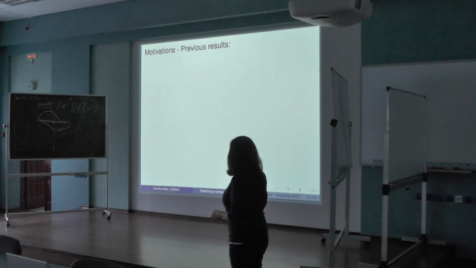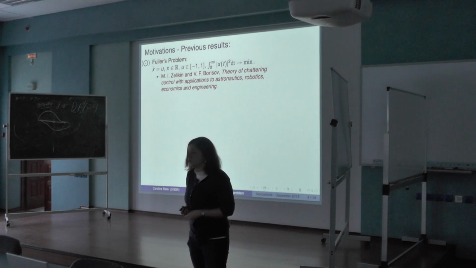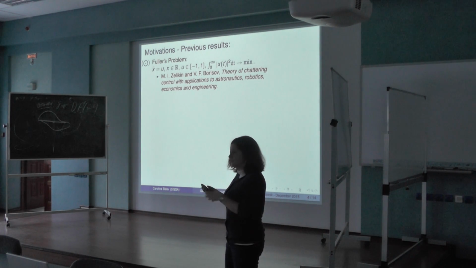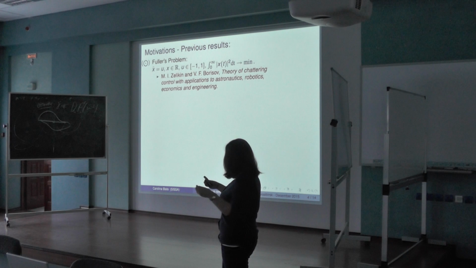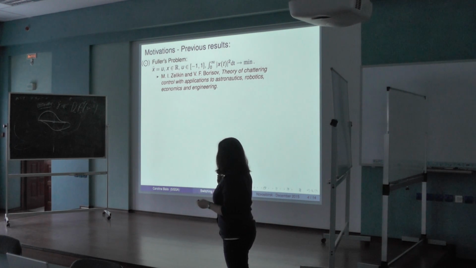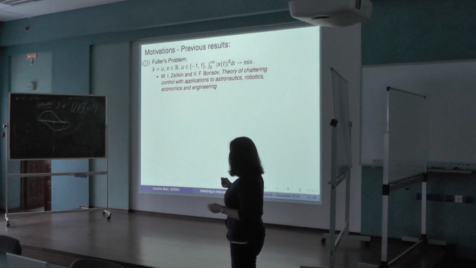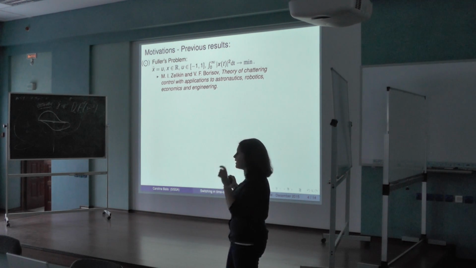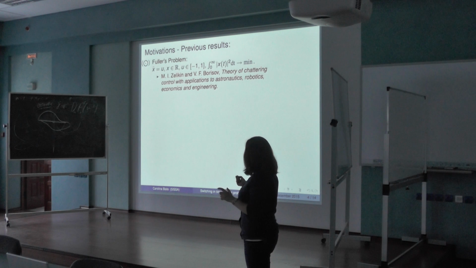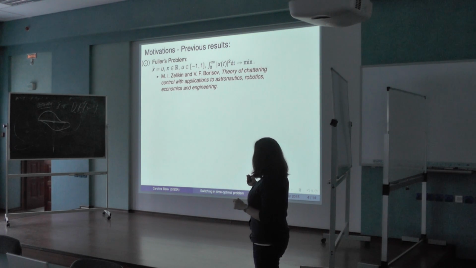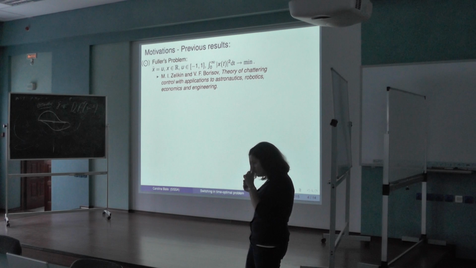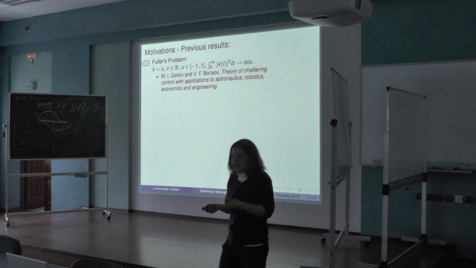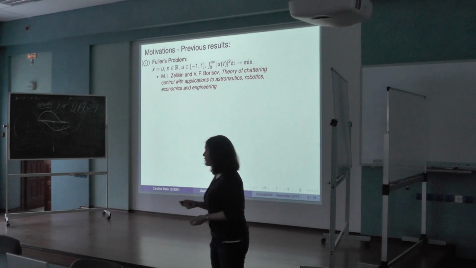The first example that I want to show you is the Fuller phenomenon. In this example, we study optimal trajectories in the real line that follow this system. So the second derivative of our trajectory is equal to the control u, which is in the bounded segment from -1 to +1, and we want to study the optimal control that minimizes this cost. This problem can be studied as a time-optimal problem.